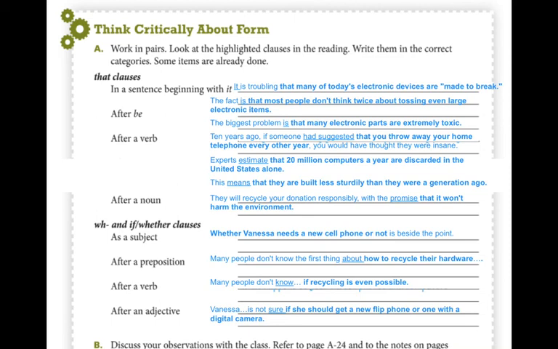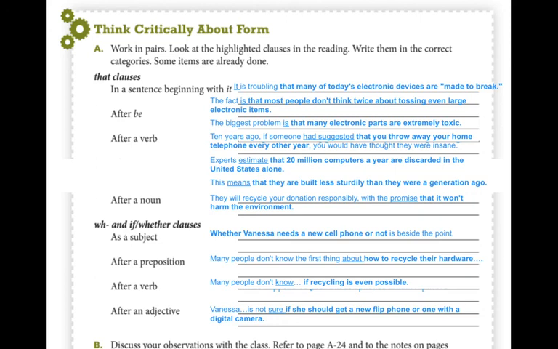In this case, we have two choices, so we can't use the phrase or not at the end. If we took away one of the choices, we could use or not. For example, we could write, Vanessa is not sure if she should get a new flip phone or not.